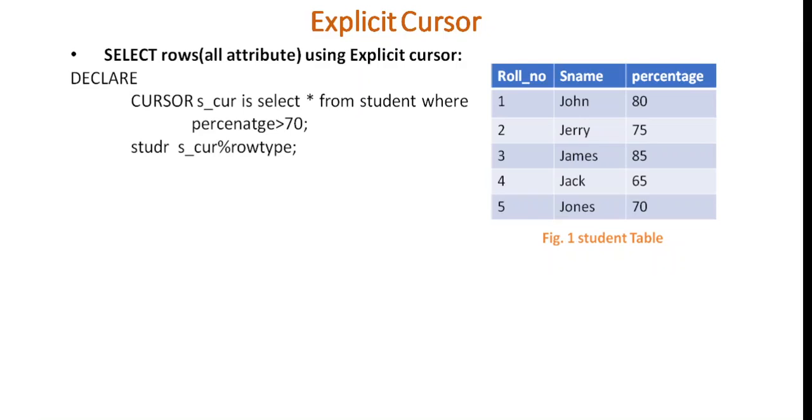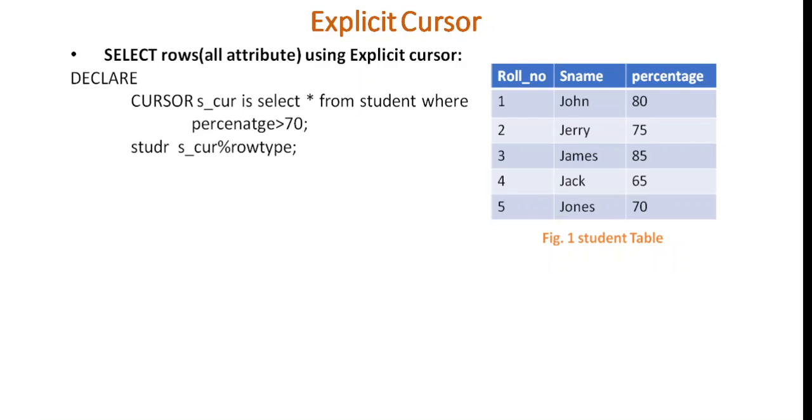So I am assigning that select query to cursor SQL. When this query gets executed, that is select star from student where percentage greater than 70, it will fetch the required data from student table and it will assign all those rows to cursor, that is to SQL.